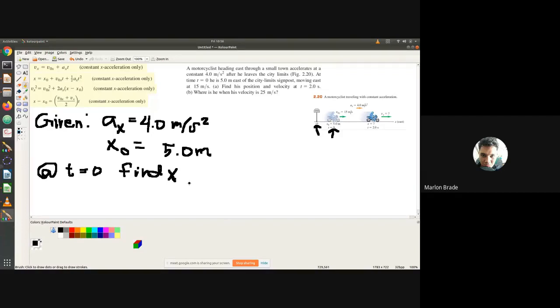So guys, unsa man inyong hint? Equation 1, equation 2, equation 3, equation 4. Asa man gamiton ni? So atong gipangita kay x, naa tay x naught, naa tay t, naa tay acceleration. Asa lang equation nga magamit ani, nga kumpleto siya tanan?